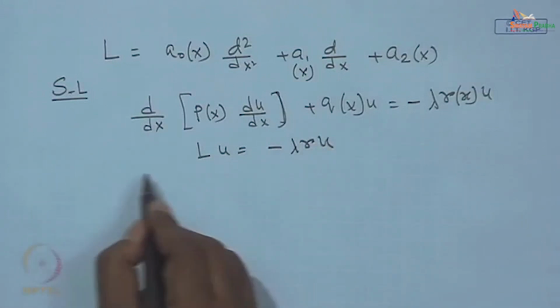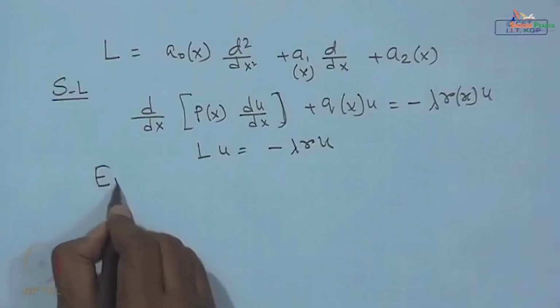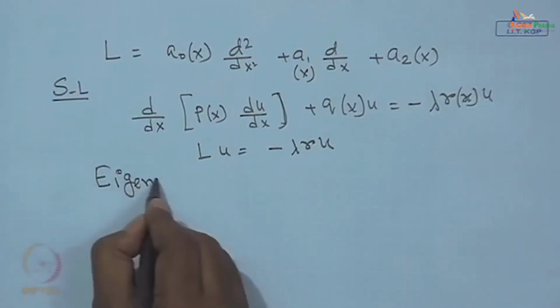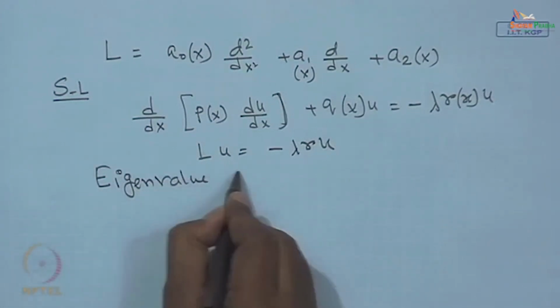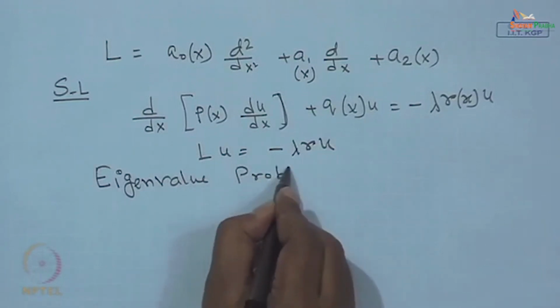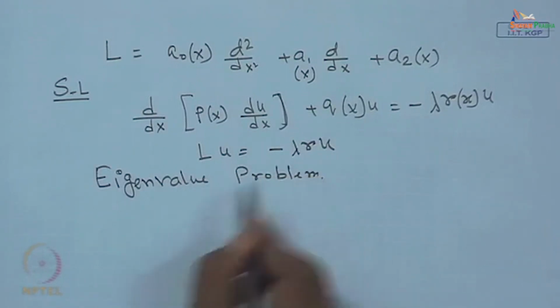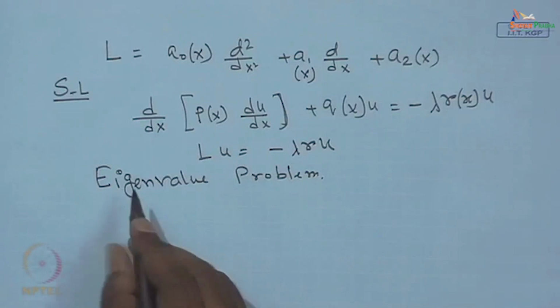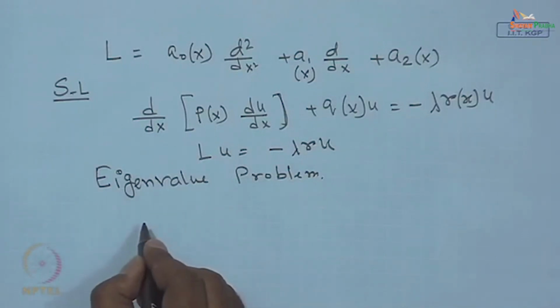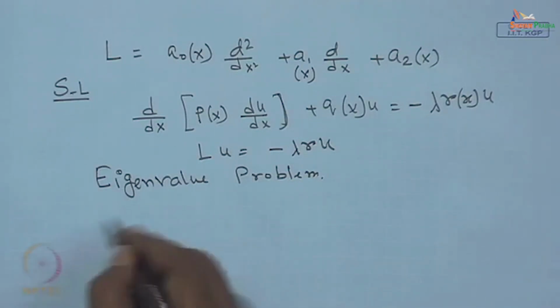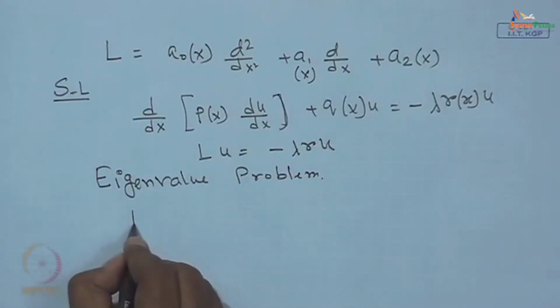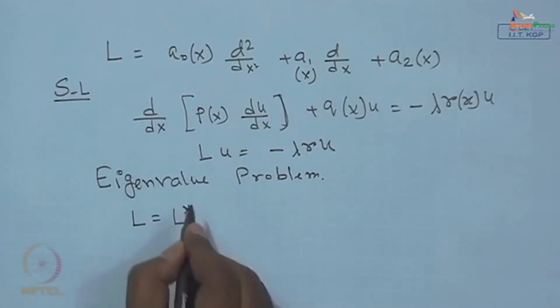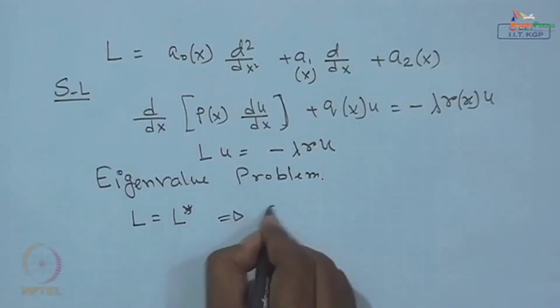This is a standard eigenvalue problem in a continuous domain. We have already seen, just earlier to this, that L is equal to L star. So, the operator is self adjoint.